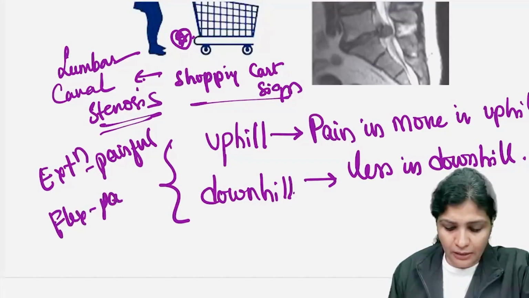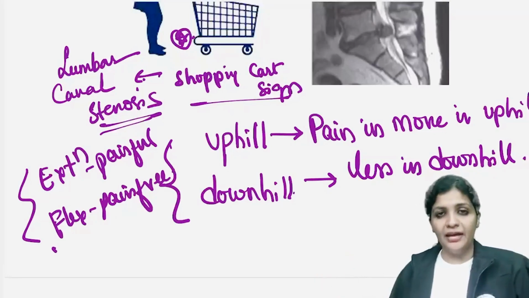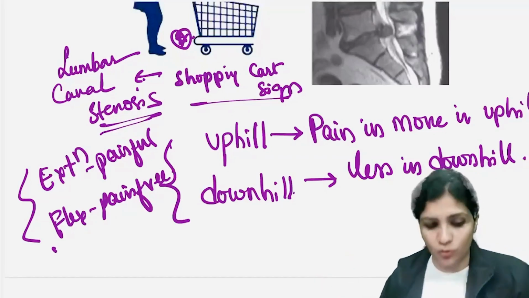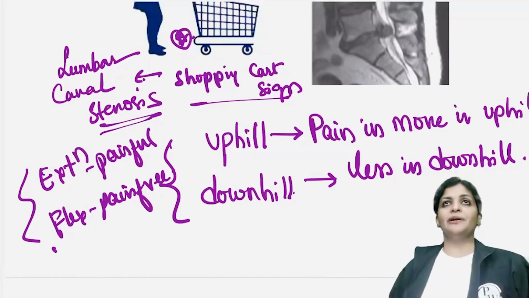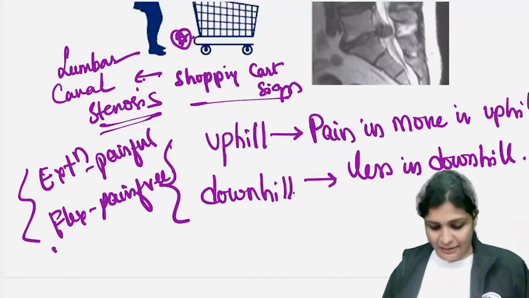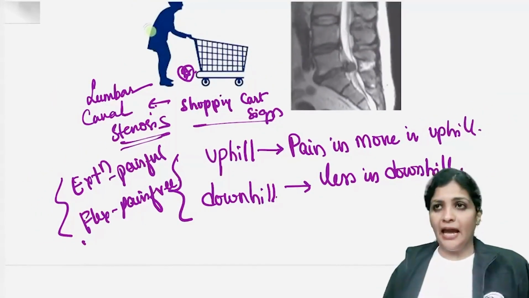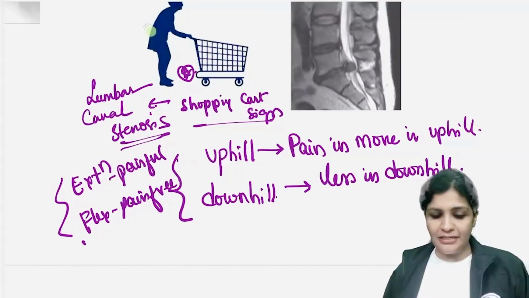Flexion, pain-free. Just imagine yourself, or Nishya, you try walking downhill today. Do you walk like this or do you walk like this? Uphill we usually try to extend, so the pain is more in uphill, and in downhill it is a little less because of the flexion, right?